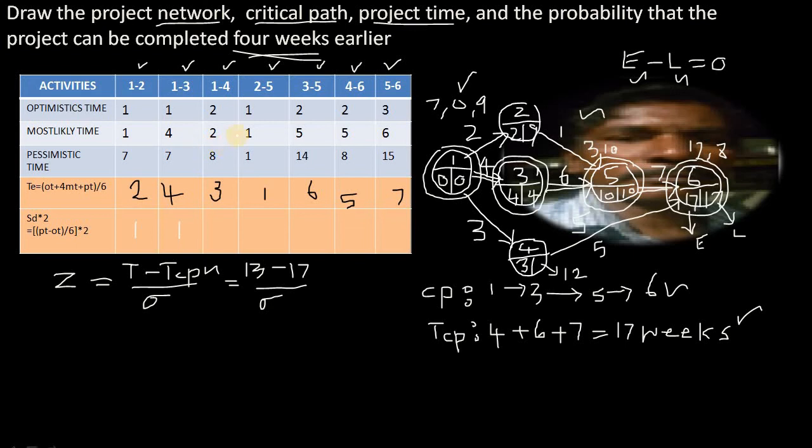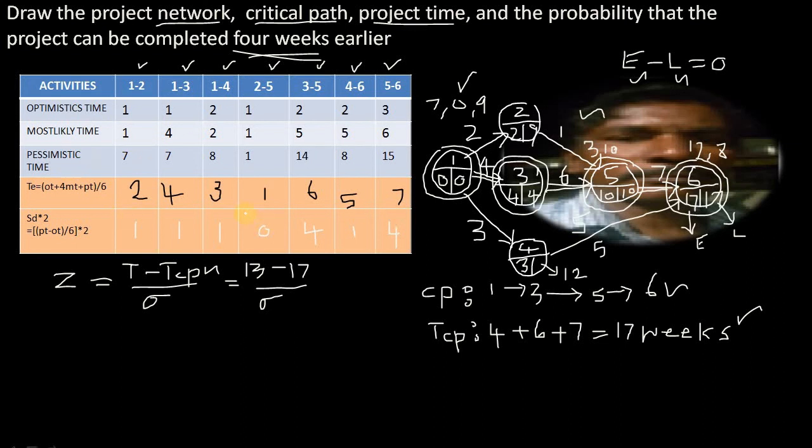If you calculate that way for each and every activity, you will have 1, 1, 1, 0, 4, 1, 4. These are the values for all the activities.